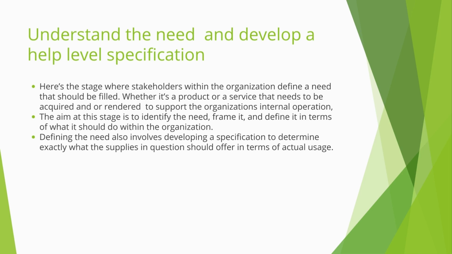Defining the need also involves developing a specification to determine exactly what the suppliers in question should offer in terms of actual usage. So a specification is basically a clear description of the requirements. It can be conformance or performance specification.